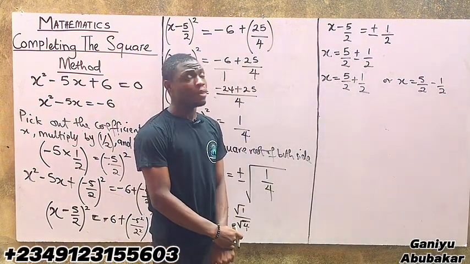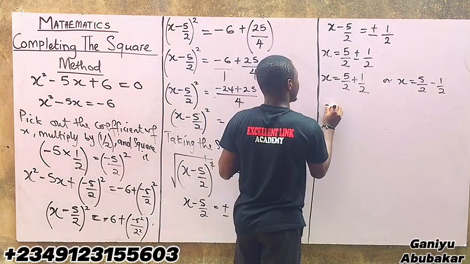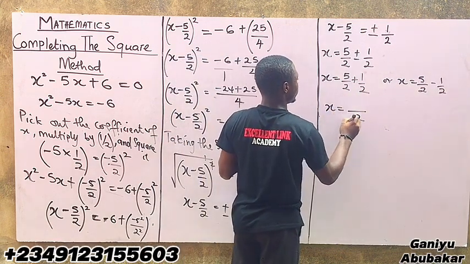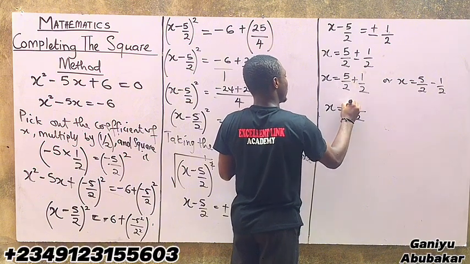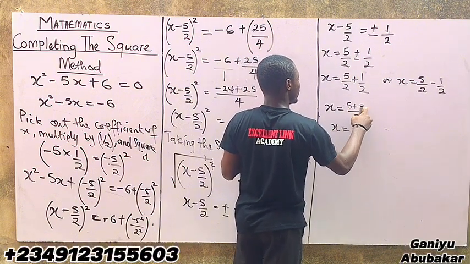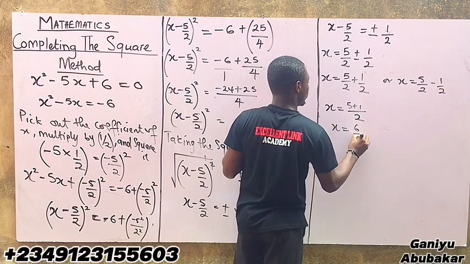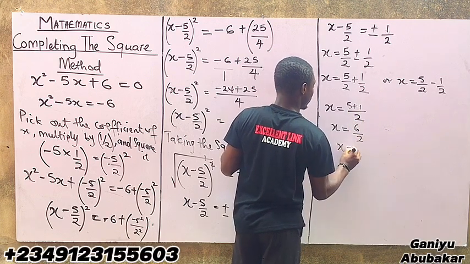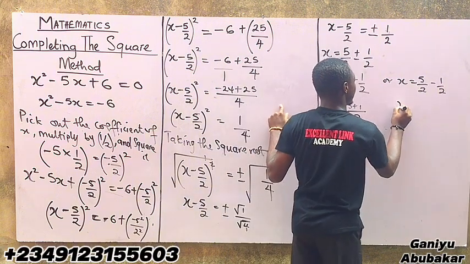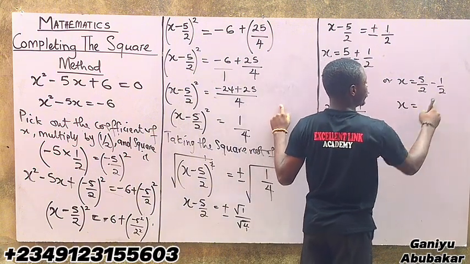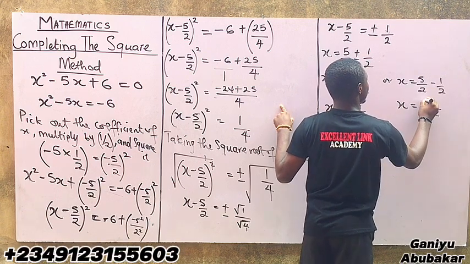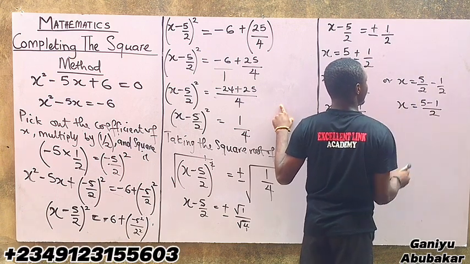Next, they have the same denominator. I'll pick out the 2 and add the numerators, 5 plus 1. At the end, x will give me 5 plus 1 is 6 over 2, so x is equal to 3, as we said. For this one here, x is equal to, they have the same denominator, I'll pick out the 2 and subtract the numerators, 5 minus 1.